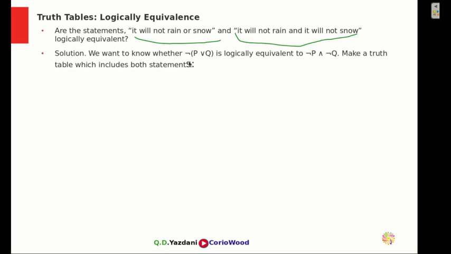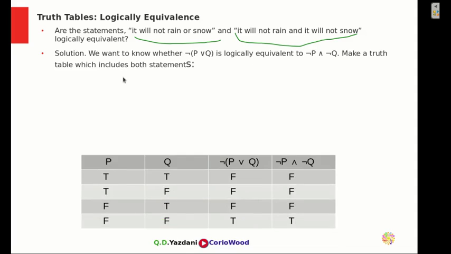So it will not rain or snow, not (P or Q), is logically equivalent to not P and not Q. Keep in mind there is an or in one and an and in the other, but they are equivalent, because it will not rain or snow and it will not rain and it will not snow are both logically equivalent.